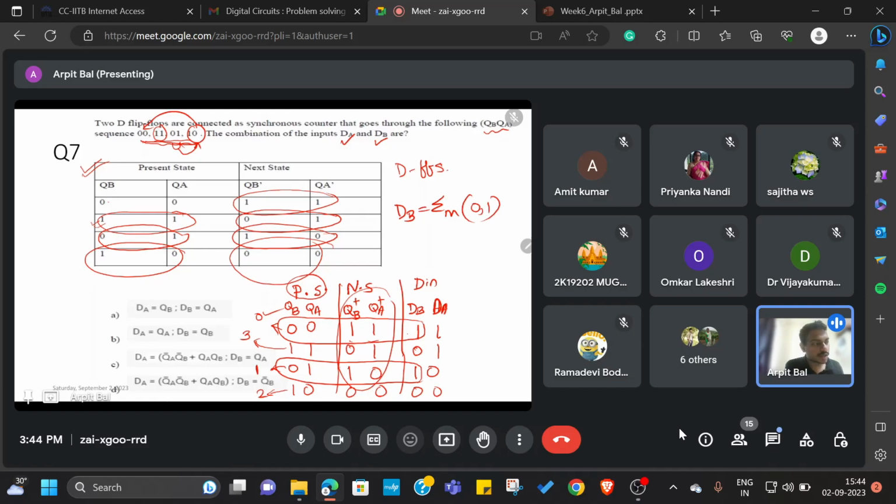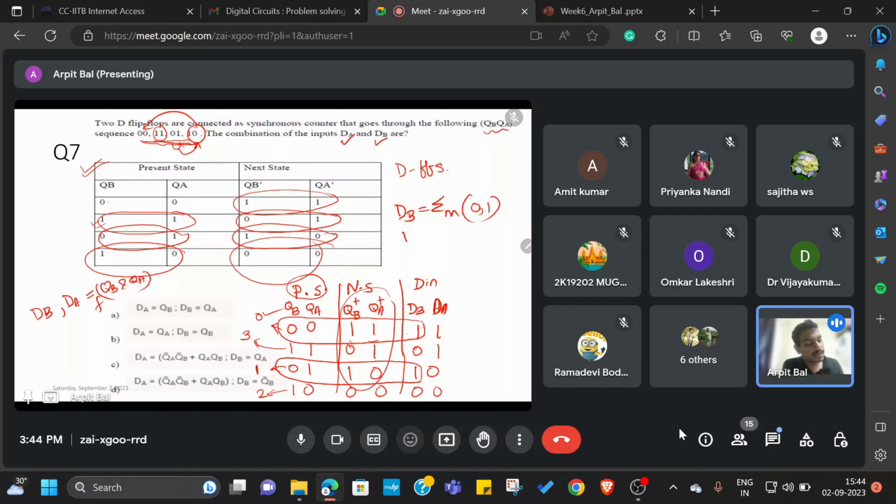So everyone got this point? Okay. What we need to do is mention DB and DA as a function of QB and QA.